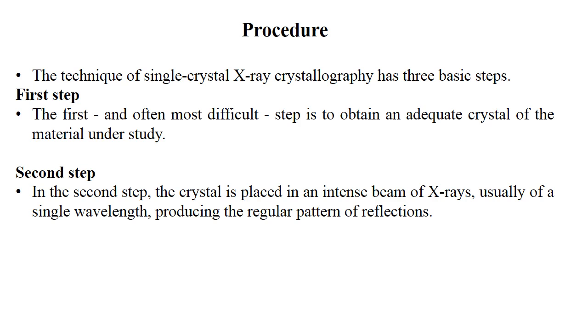We have discussed that we should obtain a crystal of sufficient size for examination. If its size is very small, then we will not be able to get internal structural information of the crystal.